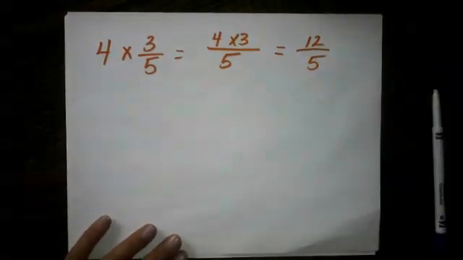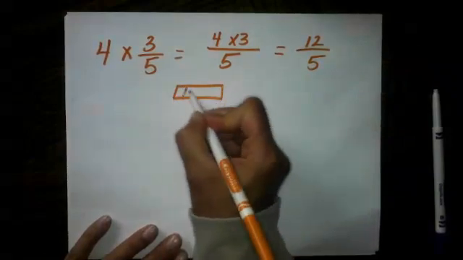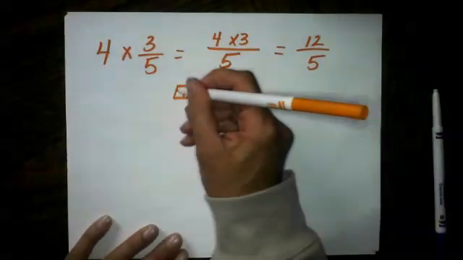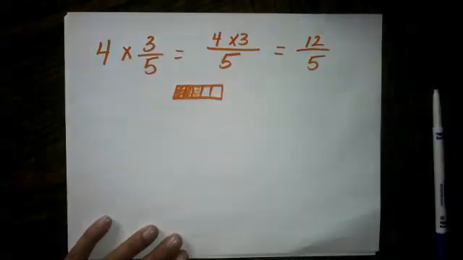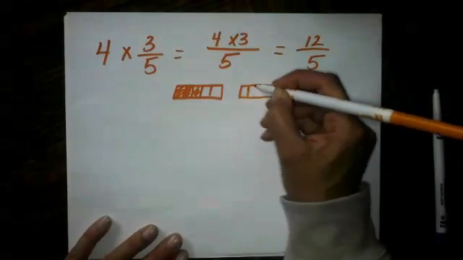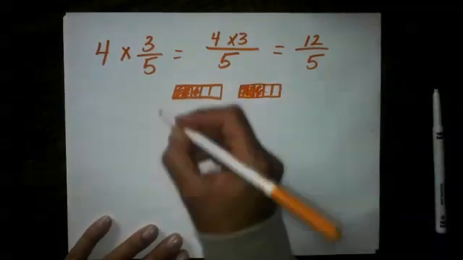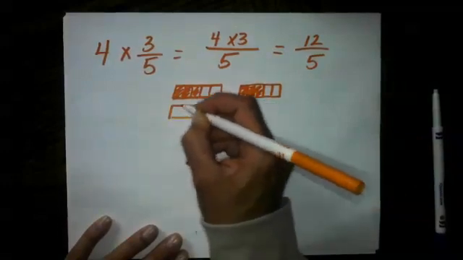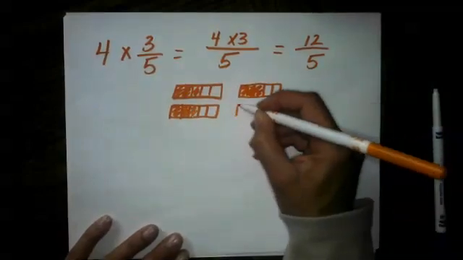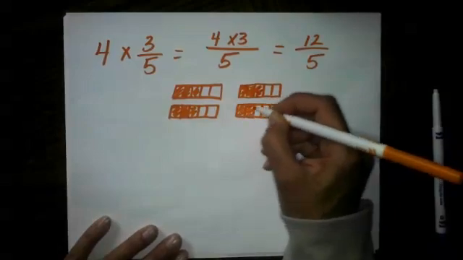If you drew a picture, you would draw 1, 2, 3, 4, 5. Good. Now shade in 3 of those: 1, 2, 3. I'd have to draw that 4 times. 1, 2, 3. 1, 2, 3, and one more. 1, 2, 3.